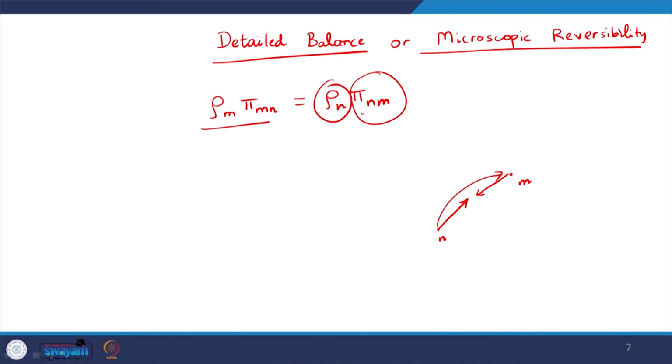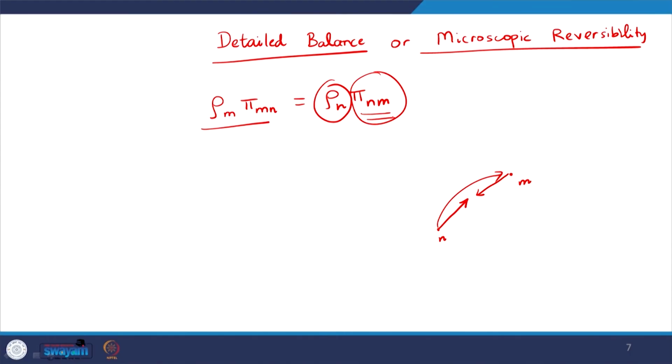So, we still have some control over how I am making the transition, and no matter what function I am working with, whatever pi function I pick, it should be such that we always go towards the condition of detailed balance, right.